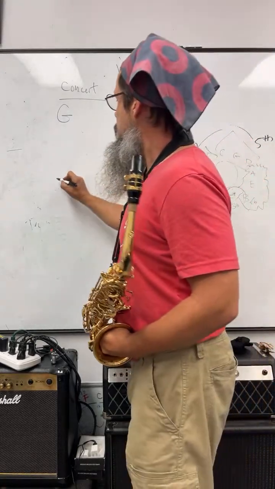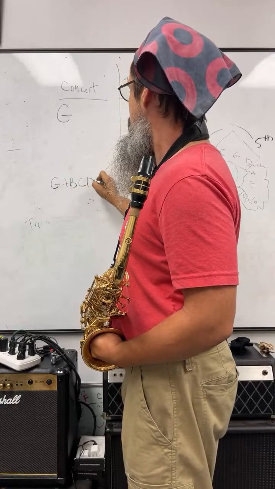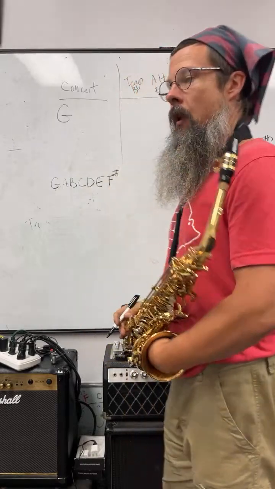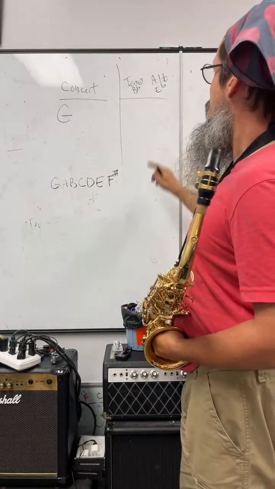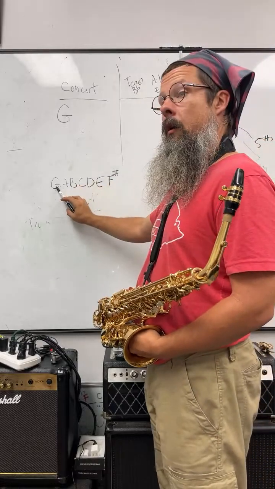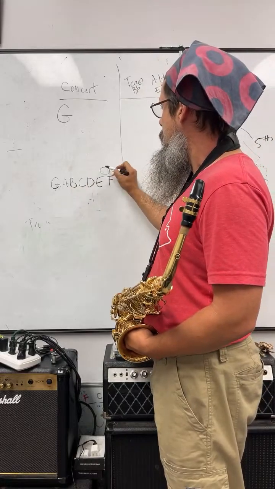When we're looking at this, you would need to go G, A, B, C, D, E, F sharp. Right? When you want to go to a tenor, you would say, what key are we in? G. What is the minor 7th of G?